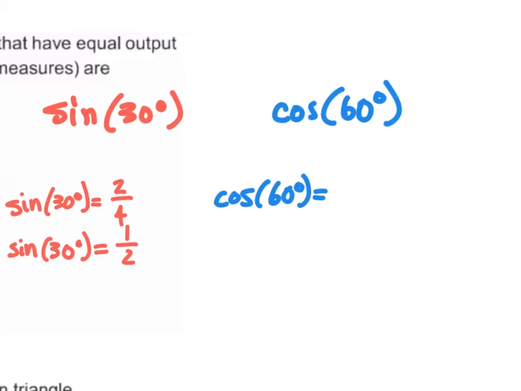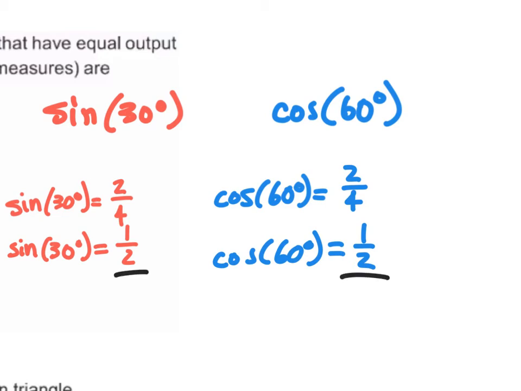So I get the same thing. I would take 2 divided by 4 and say cosine of 60 degrees is equal to 1/2. So we get the same thing, 1/2 here and here. When I write out these trig functions, these are numbers.